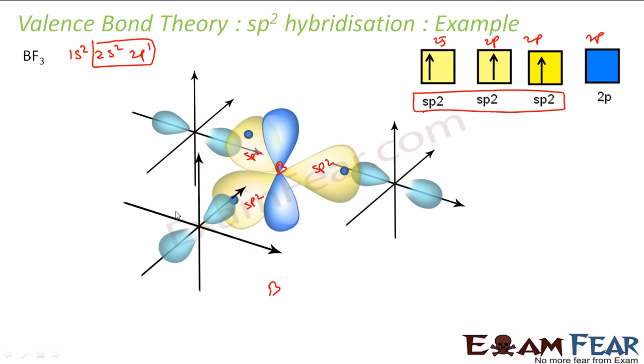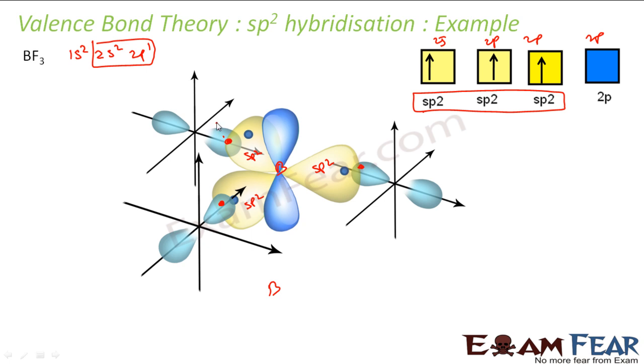Right? The third p is not taking part in this hybridization, so it is as it is. And now each of these sp2 hybrid orbitals will have 1 electron each. And the fluorine also has 1 electron because they are unpaired. So since these are all unpaired orbitals, there will be overlap, right?